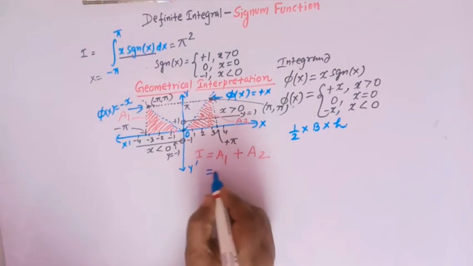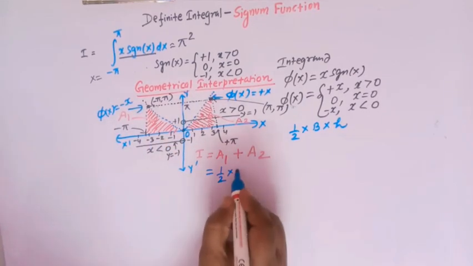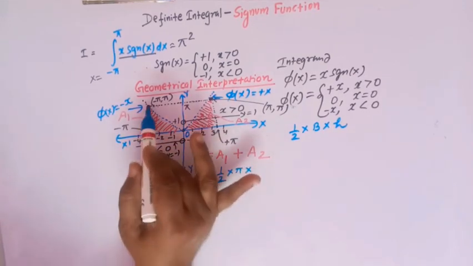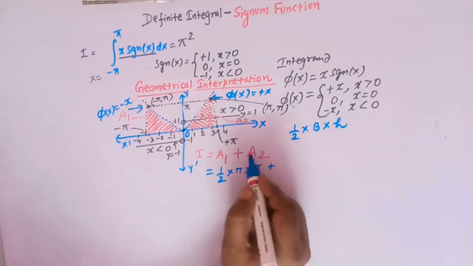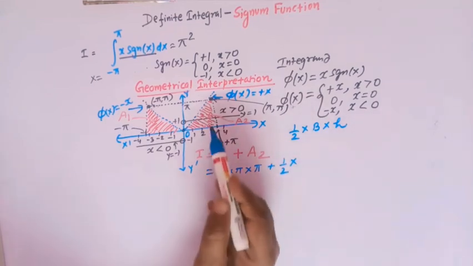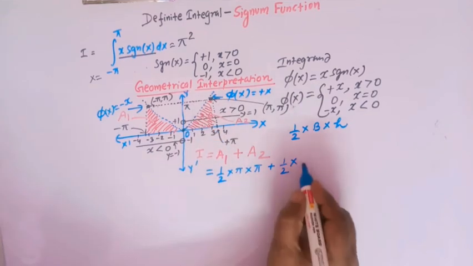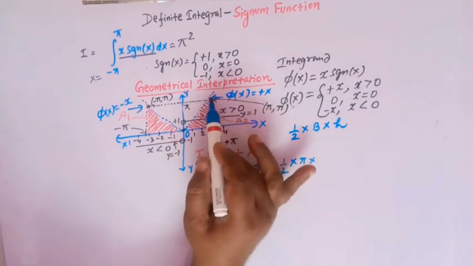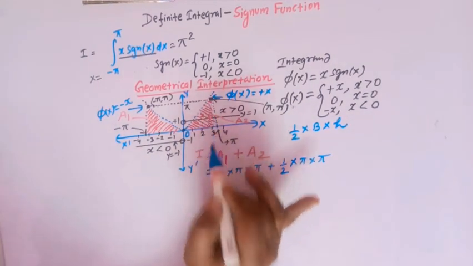So a1 is half base, so base is pi, and altitude is also pi. And a2 is given by half times pi, because the base is again pi from 0 to pi, and the altitude is again pi, that is the height.